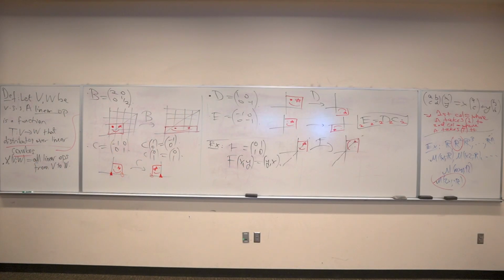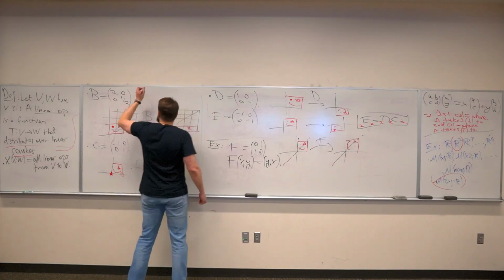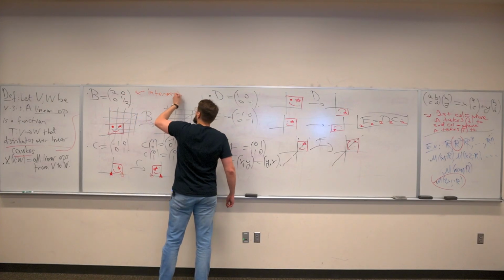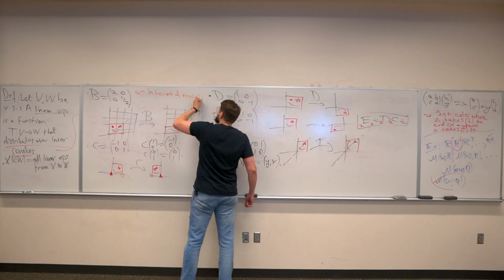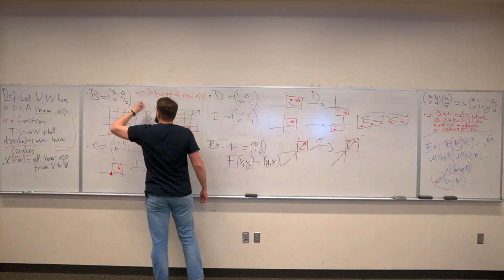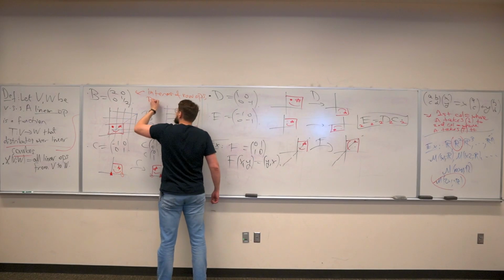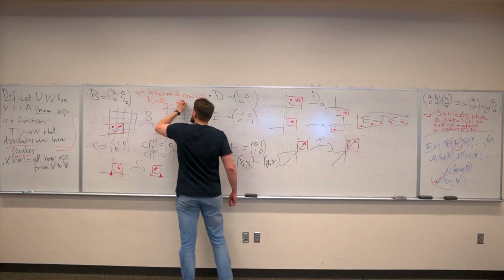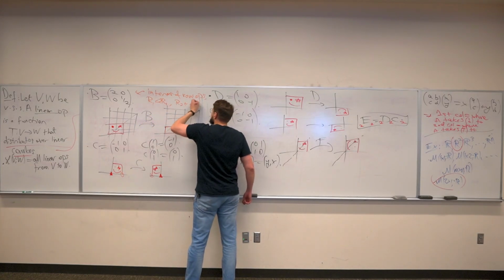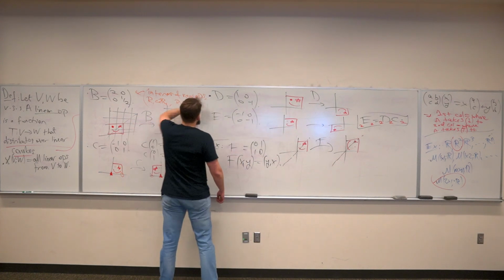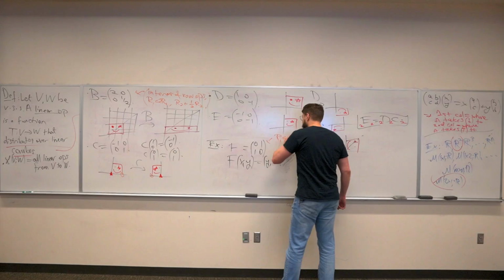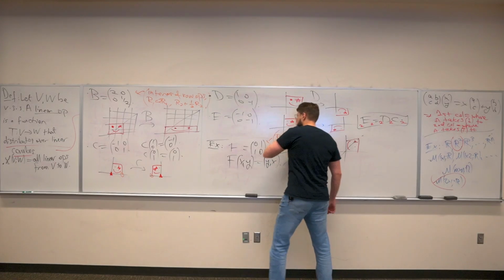But let me write it. In terms of row operations, this is R1 replaced by 2 times R1 and R2 replaced by 1/2 times R2. And this corresponds to R1 and R2 interchanged.